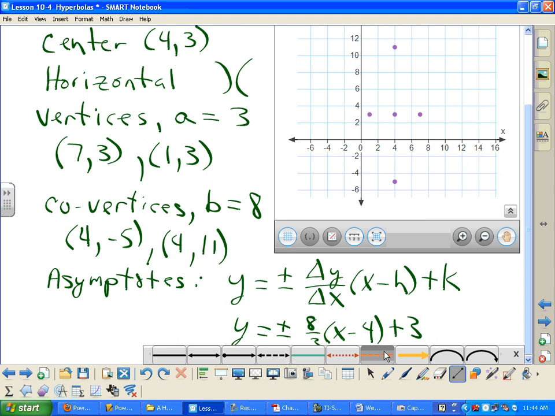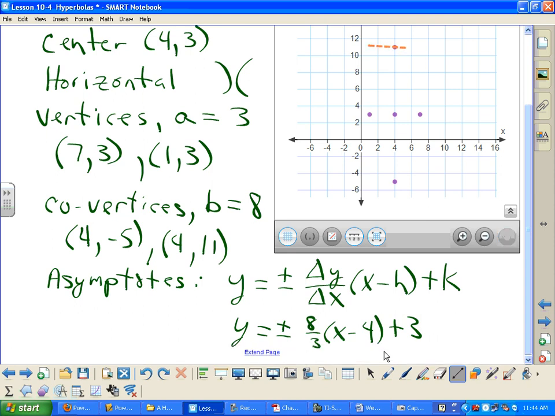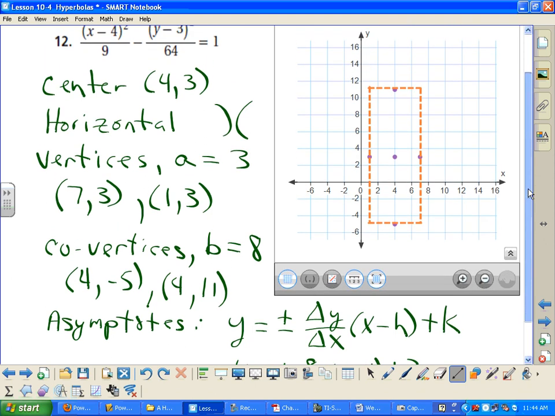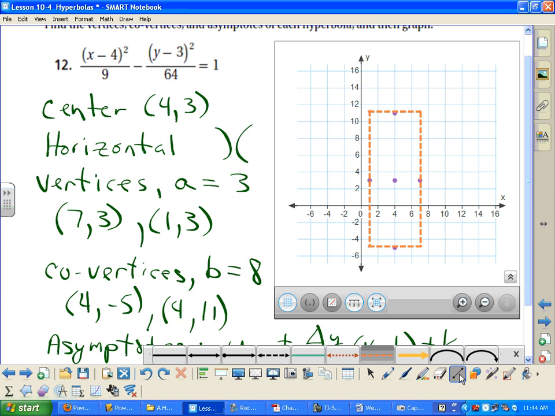So to graph it then, we're going to make a rectangle. The height of our rectangle is from the min to the max. The width of our rectangle is from left to right. So there's the rectangle to help us with our asymptotes. Our asymptotes go through the corners.